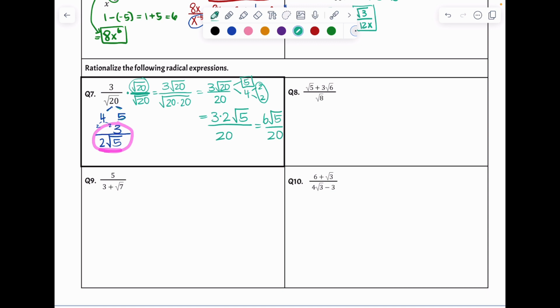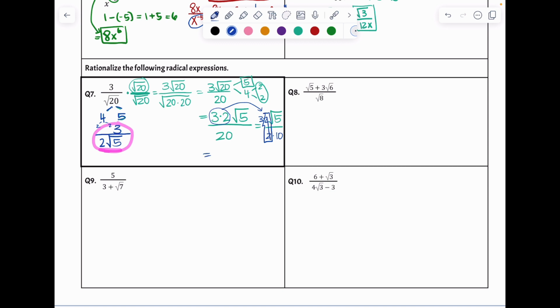I don't know if you noticed, but if I leave it factored like this for the 3 times 2, I can also leave 20 factored as 2 times 10. When I do that, I can make a giant 1 using 2 over 2.